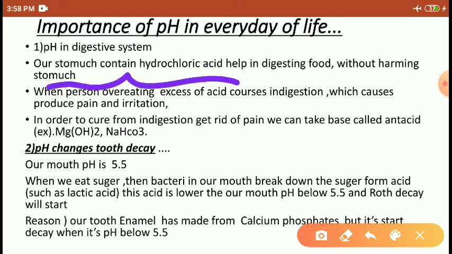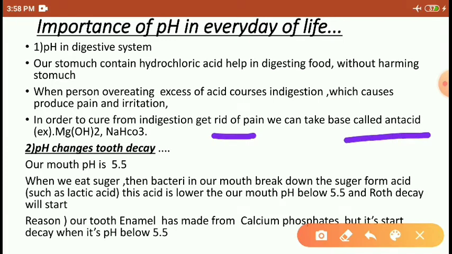Due to overeating, the excess of acid causes indigestion, which produces pain and irritation in our stomach. In order to reduce that, as we discussed last time, to remove the pain we have to take antacids like milk of magnesia, soda, Eno, to reduce the acidity.